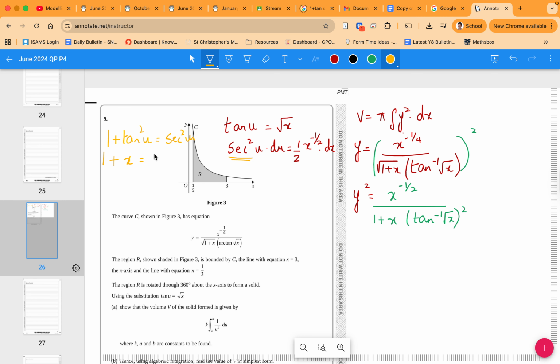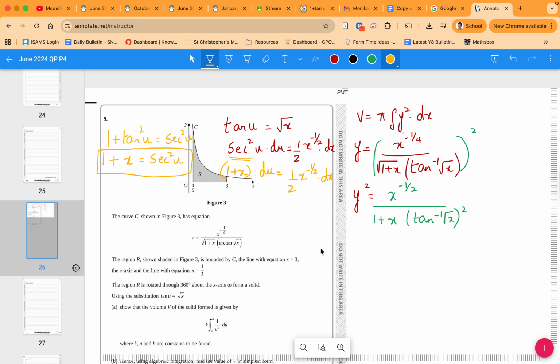So 1 plus x is sec squared u. We substitute this in, which means 1 plus x du will be half x to the power of minus half dx.